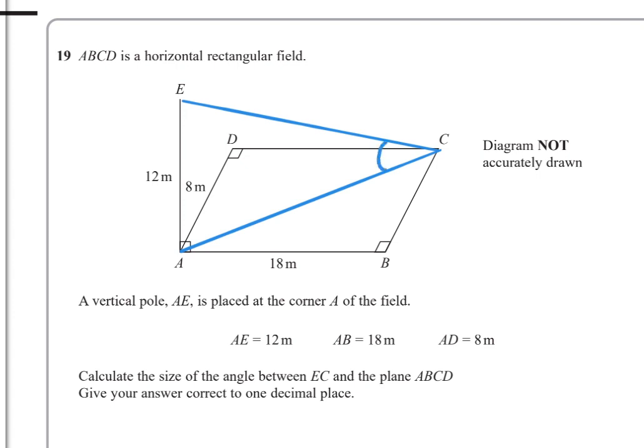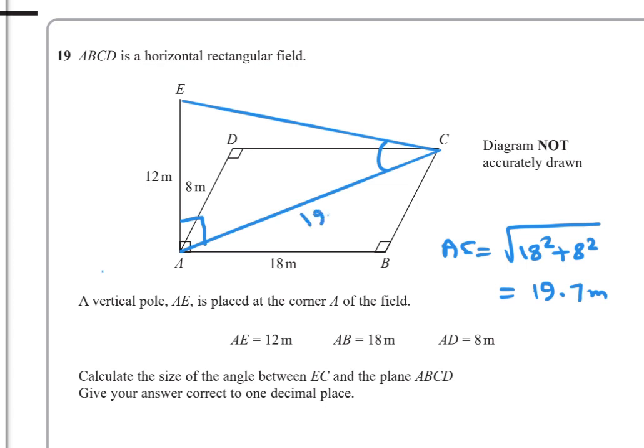So we need two sides in this right angle triangle. We have one side, which is the opposite for this angle, 12 meters. And we can find the adjacent AC from Pythagoras theorem. So AC equals square root of 18 squared plus 8 squared, which equals 19.7 meters.